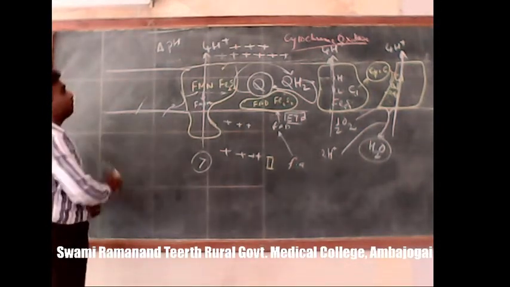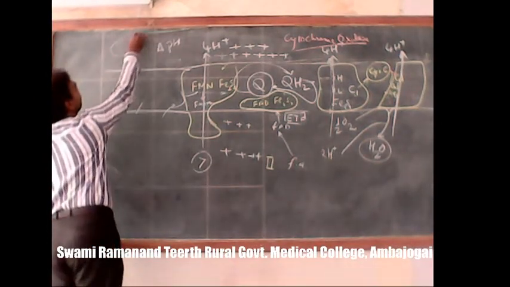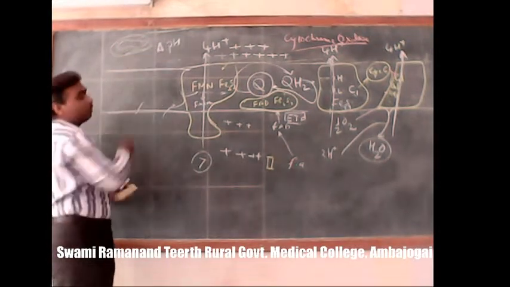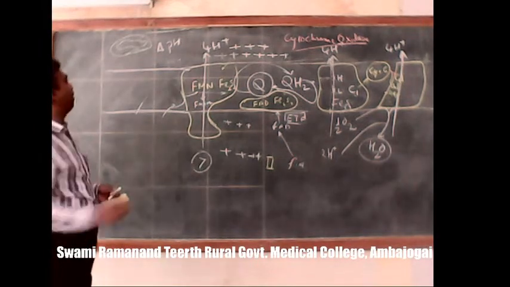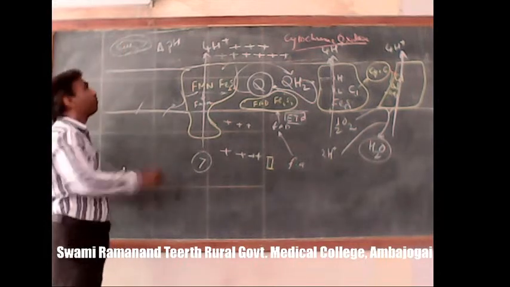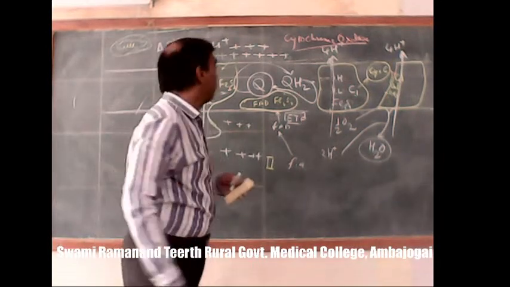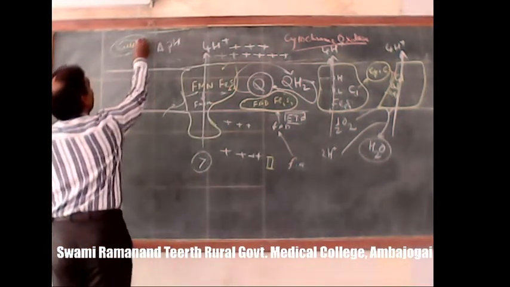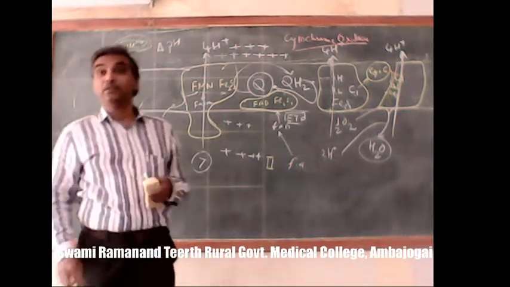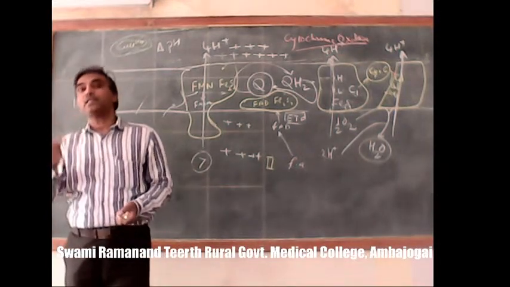If you remember the mitochondria, on the inner mitochondrial membrane it is seen like a lollipop under an electron microscope. I hope all of you know what a lollipop is. So it looks like a lollipop.